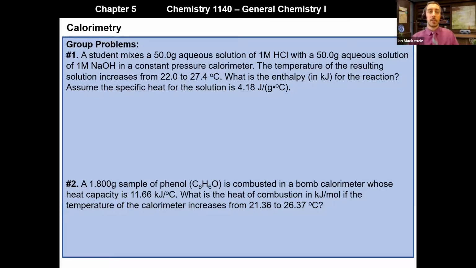We've got a student mixing 50.0 grams of HCl and 50.0 grams of sodium hydroxide. They're both aqueous solutions. It's in a constant pressure calorimeter, so I know I'm in a coffee cup calorimeter, and I know that I need to use the equation that corresponds to that. The temperature of the solution increases from 22.0 to 27.4 degrees Celsius.